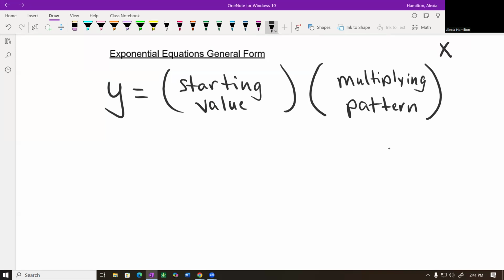And then, of course, that multiplying pattern has the exponent.